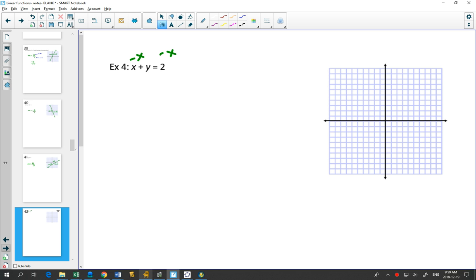If I do that, I get y by itself: y equals negative x plus 2. You've never heard of variables having coffee together? No? Okay, well, it just happened. Now it's in y equals mx plus b form, so we know that the y-intercept is plus 2. We can put that point on our graph and label it.